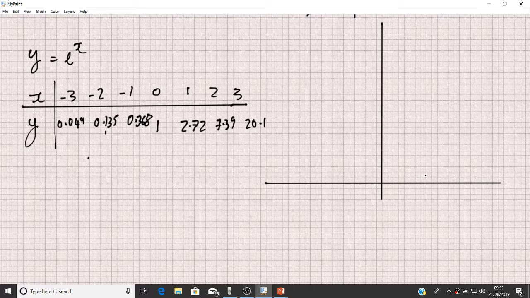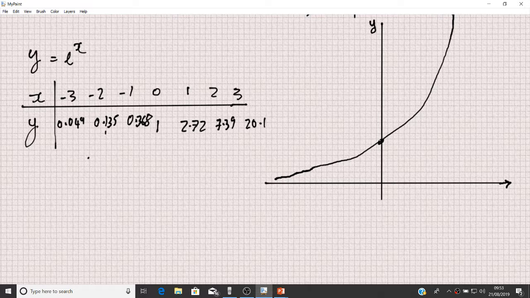Now, because it's an exponential curve, I do in fact know the shape of this curve. It'll be similar to the last one that we did, 2 to the power of x. So I'm just going to draw the shape and mark in a few of the points we found after the fact. So again, this will be asymptote to the x-axis, and it will be increasing in an exponential fashion.